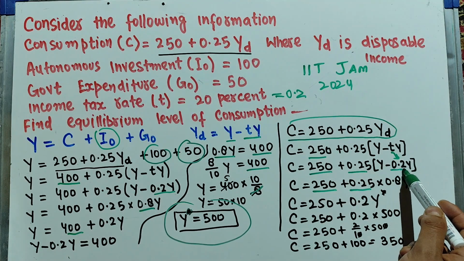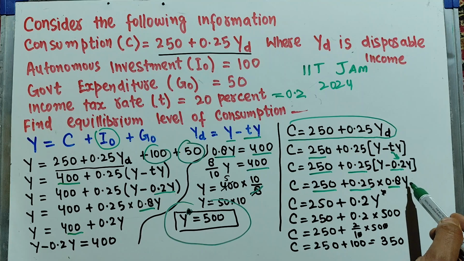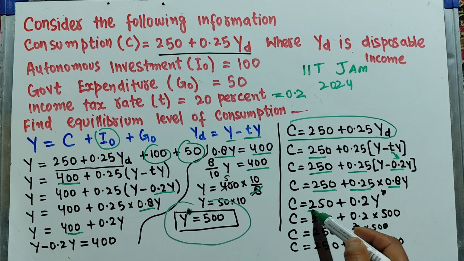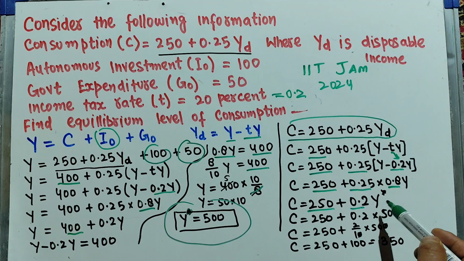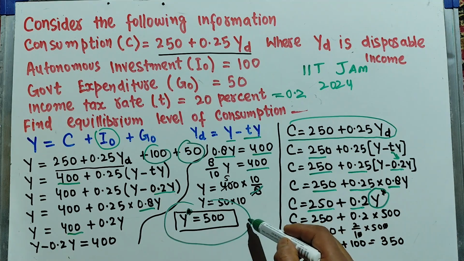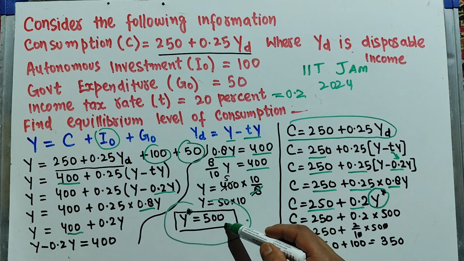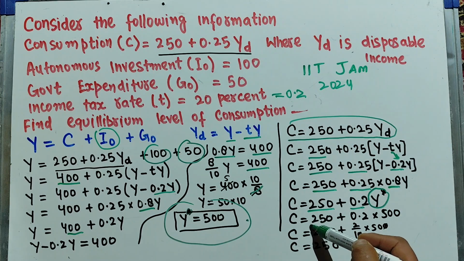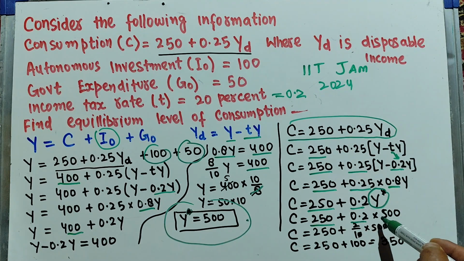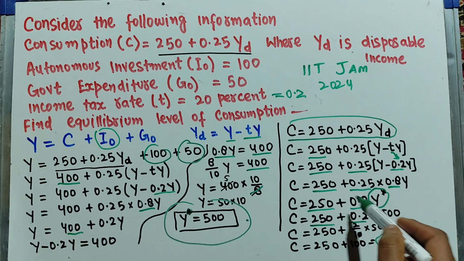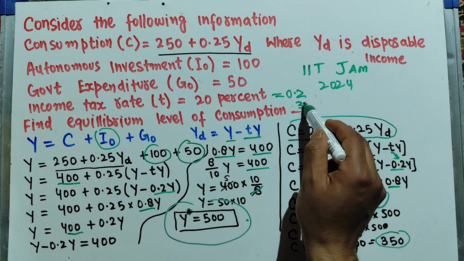When we subtract 0.2Y from Y, we are left with 0.8Y. So consumption will be equal to 250 plus 0.2 times the equilibrium level of income that we calculated here. So plugging the value of Y equal to 500, we have 250 plus 0.2 times 500, and this sums up to be 350. That is the equilibrium level of consumption in this question.